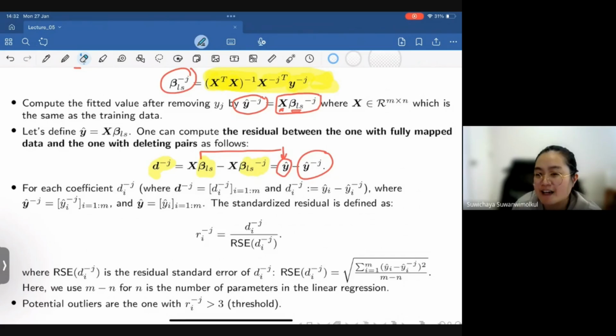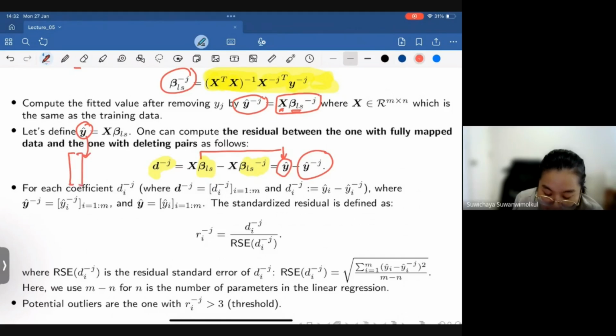In this case, the output prediction y hat here is a vector.